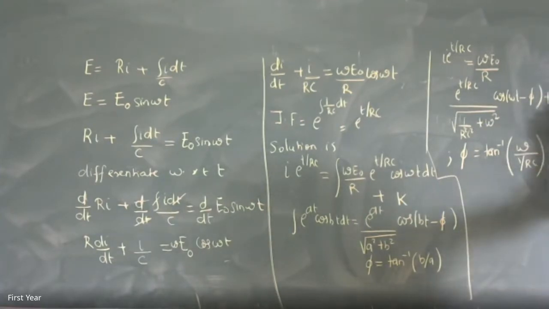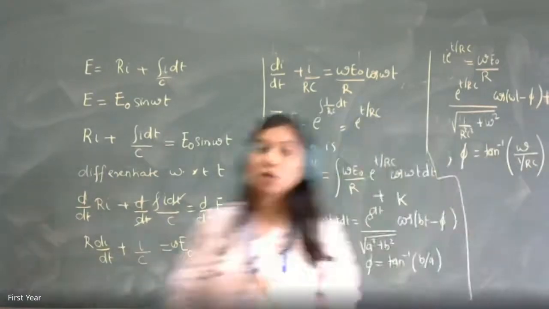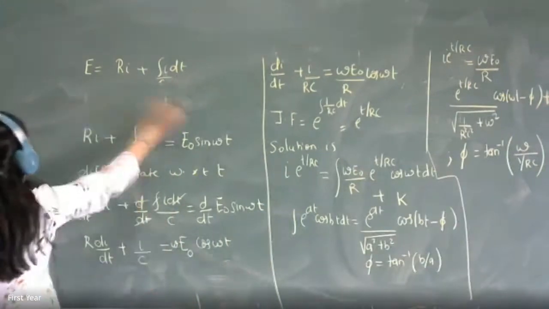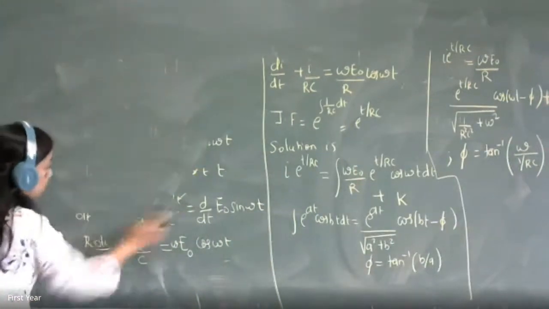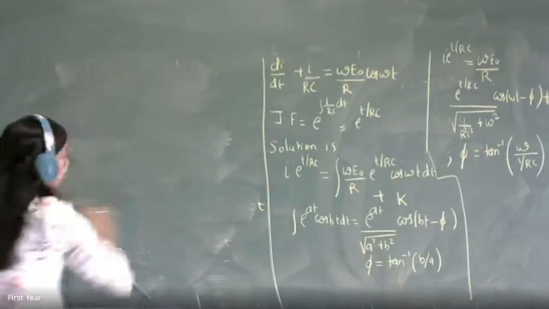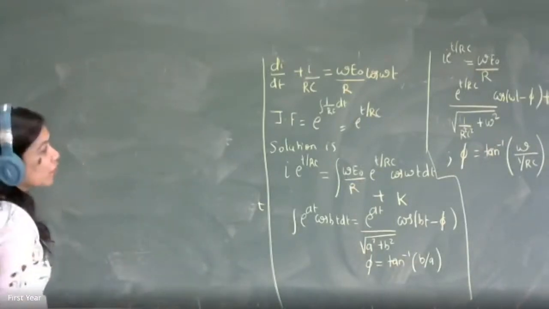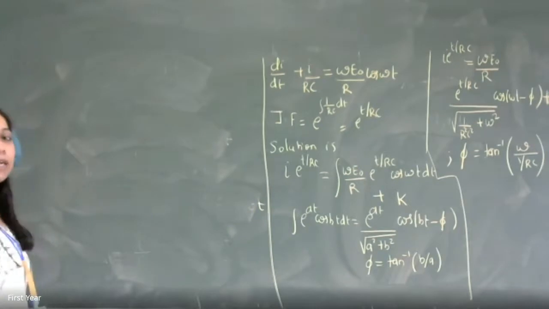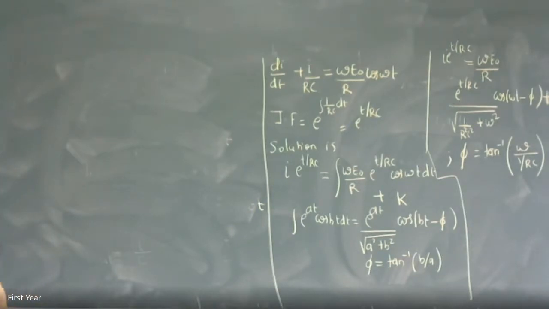I'm saying it, so please write it down. Plus constant of integration is there. So I will rewrite it in the space. So your solution of the current going through the circuit is given by. Should I remove that e raised to t by RC by multiplying by e raised to minus t by RC?